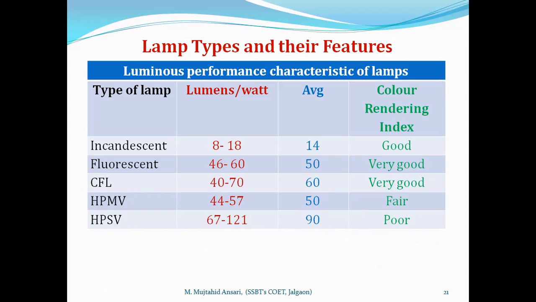Whenever we are using light in an outdoor yard, it may be a street light, shunting yard, railway station, some godowns, some warehouses, we generally use the sodium vapor lamp.